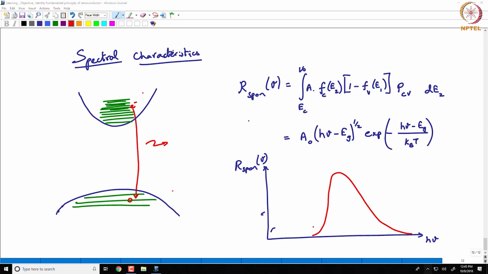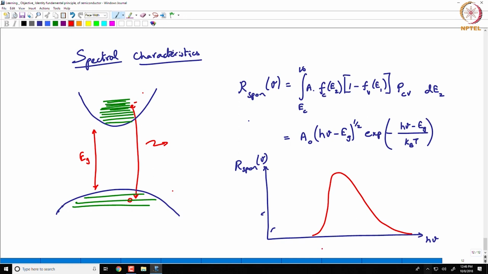You cannot have any emission lesser than the band gap energy, because you do not have any electrons and holes within that energy. So, this is your band gap energy, right. So, you are going to have emission for h nu greater than Eg, right.